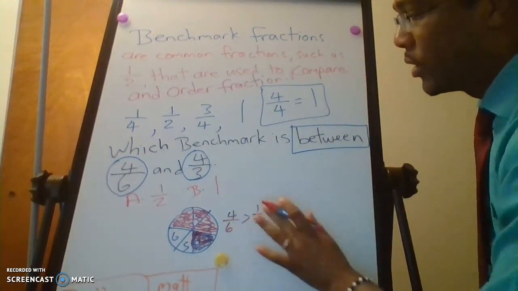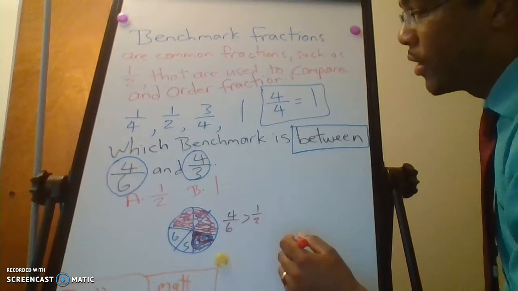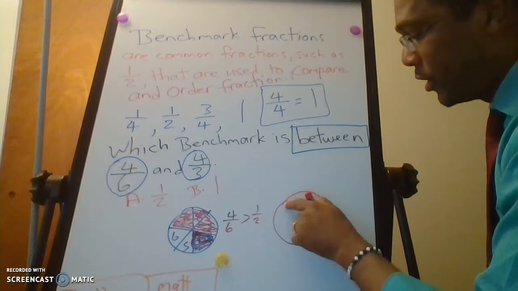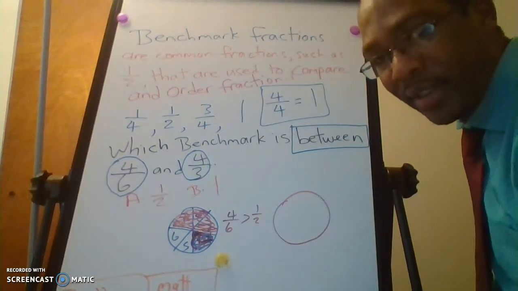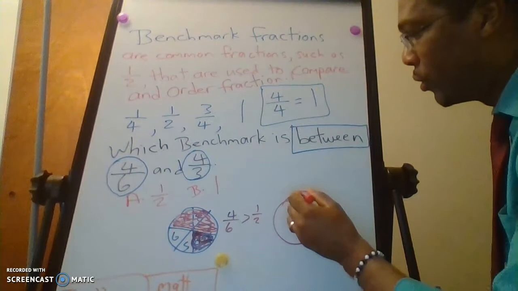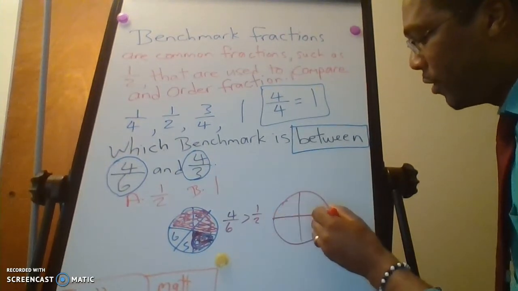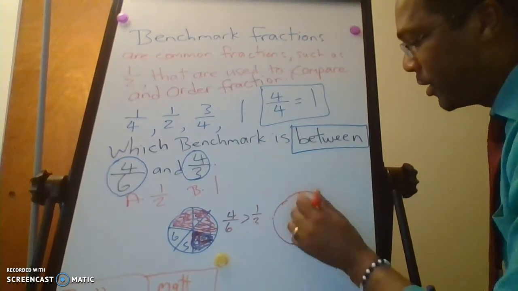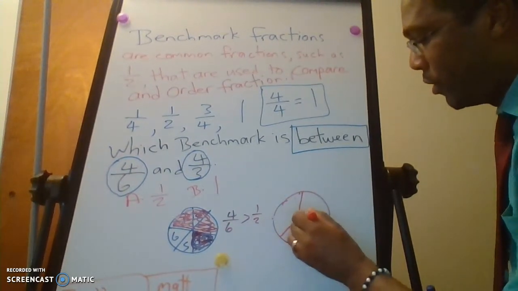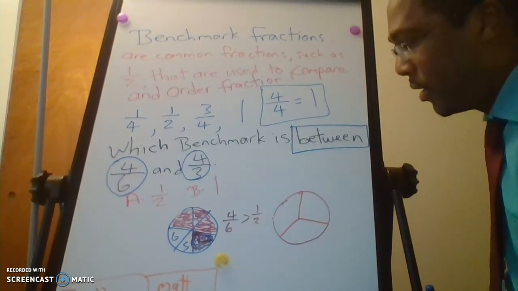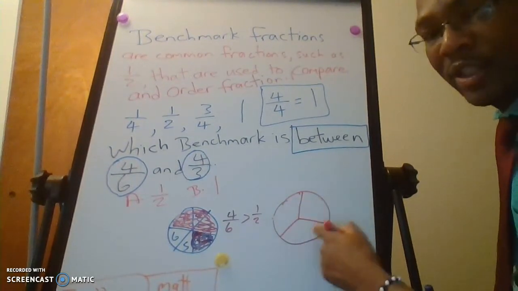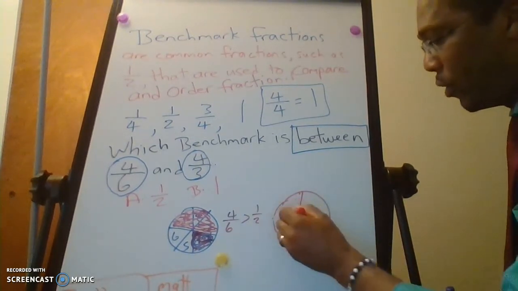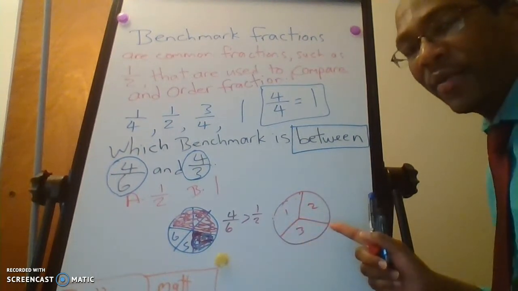All right, so I know this one is more than a half. Now I'm looking at 4 over 3. Remember, the denominator tells us how many equal parts are in one whole. So that's 3. I have to shade 4 out of 3. 1, 2, 3. Can I shade 4 out of 3?